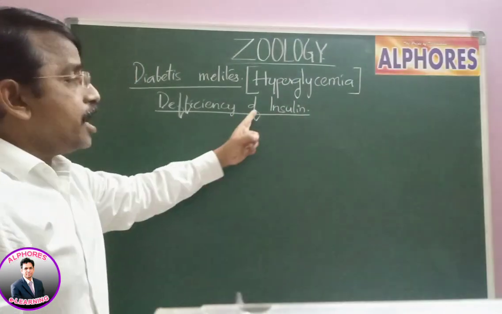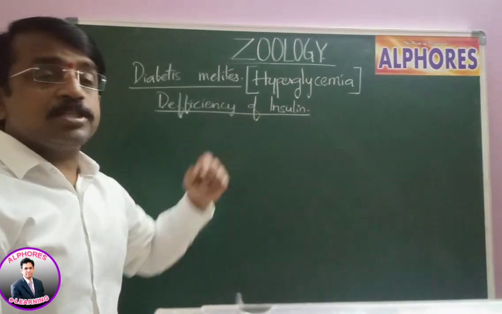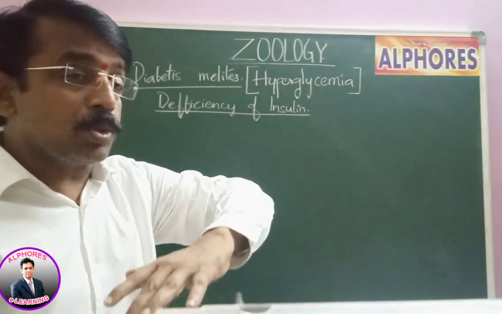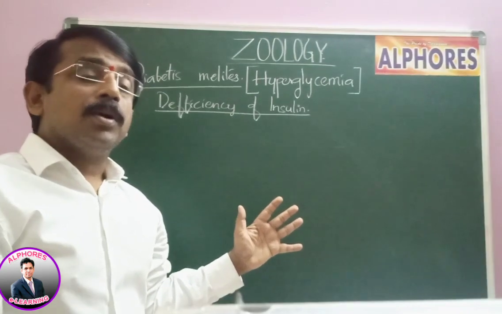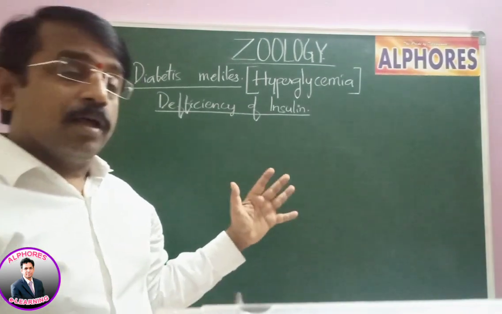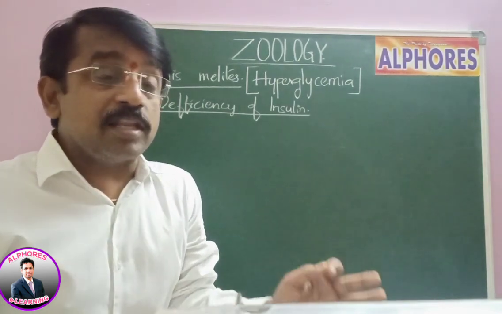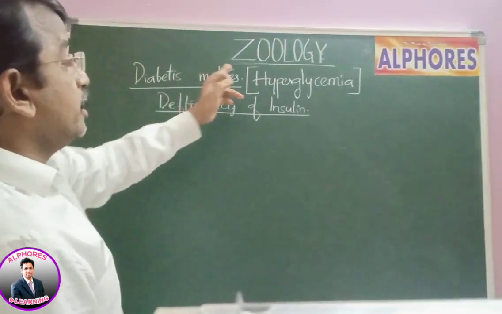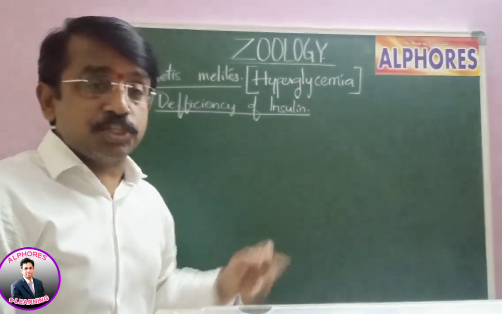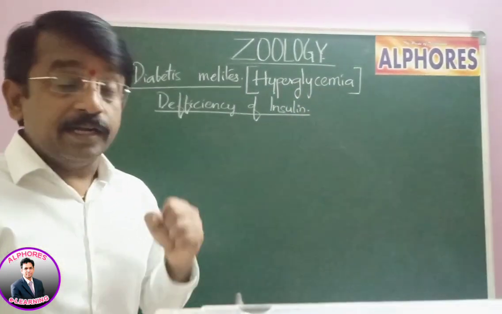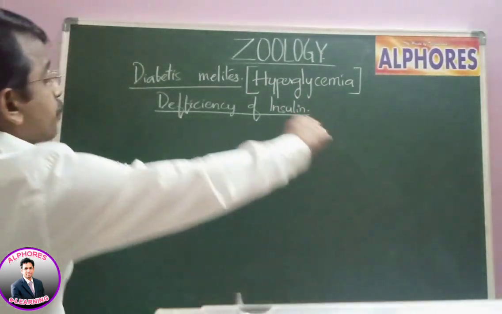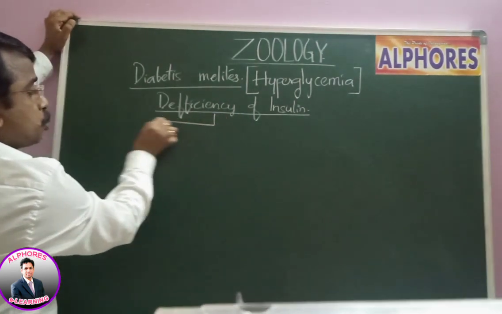But here, as insulin deficiency takes place, glucose is not converted into glycogen, so the glucose level remains higher than normal. That is hyperglycemia.